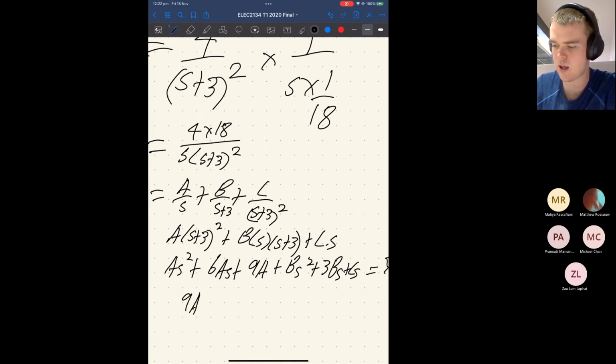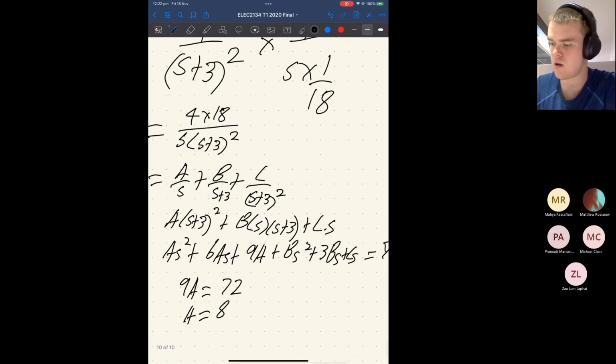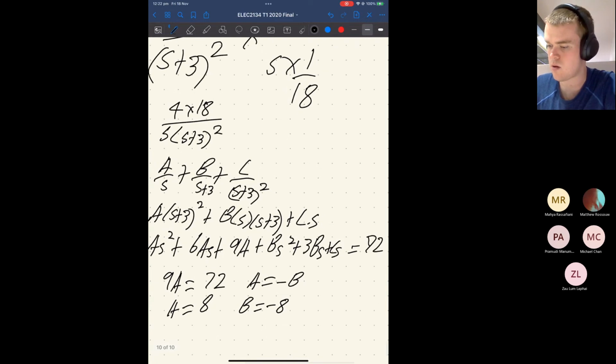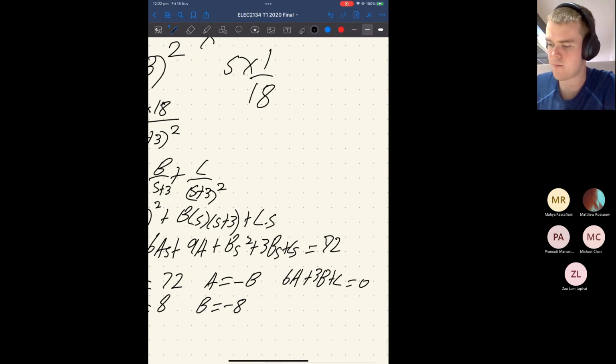So we know that 9A is equal to 72. So A is equal to 8. And we know that A is equal to minus B. So therefore B is equal to minus 8. And then we have 6A plus 3B plus C is equal to 0. And therefore we get C equal to 6 times 8 minus 3 times 8 is 24.